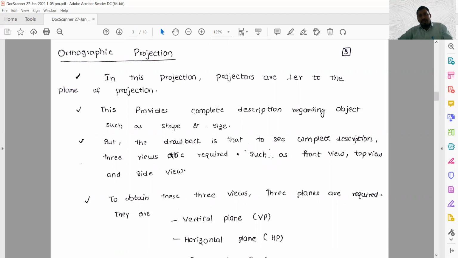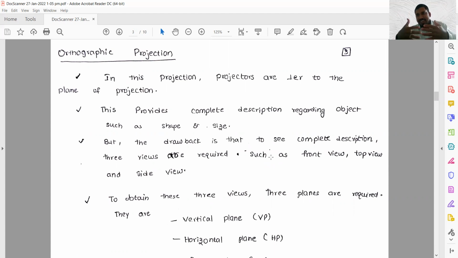Orthographic projection drawing gives a complete description regarding the object in terms of size and shape. But the main drawback is that the observer has to move in 3 different directions: regular direction, top direction, and side direction.